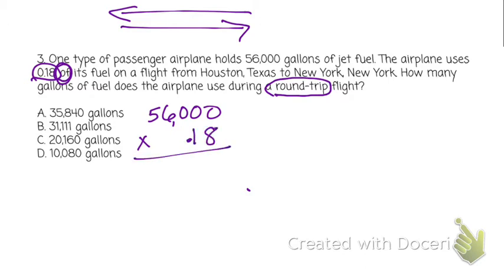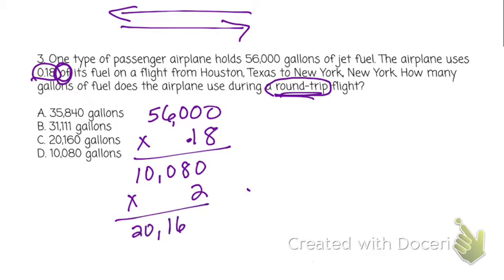I could just multiply that. A part of a number means multiply, and I would get 10,080 gallons. But that's one way. If I'm looking at round trip, I'm going to double it, and I would get 20,160 gallons. Okay, that's one way. That's the multiplying decimals way.